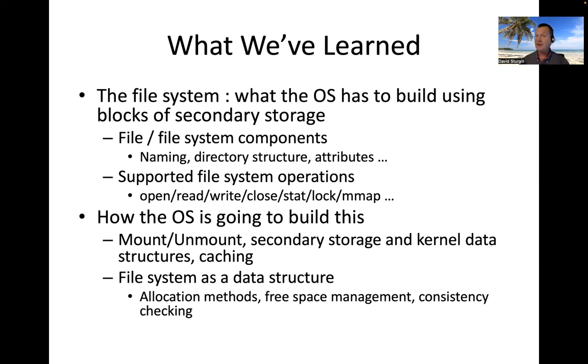We talked about a lot of the jobs the OS has to do to handle this, which is mostly trying to make access to that large secondary storage device quick and easy for processes, usually by bringing stuff into memory and accessing the in-memory copy when it can, and the disk only when it has to. And this is just another example of something we talked about in our first week of classes.